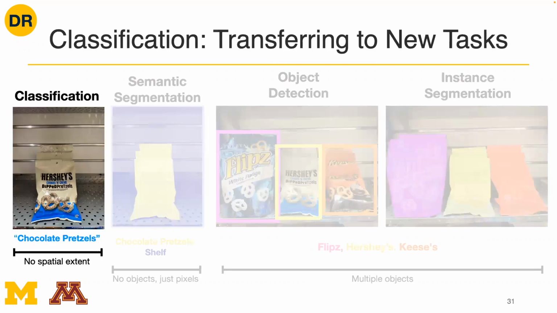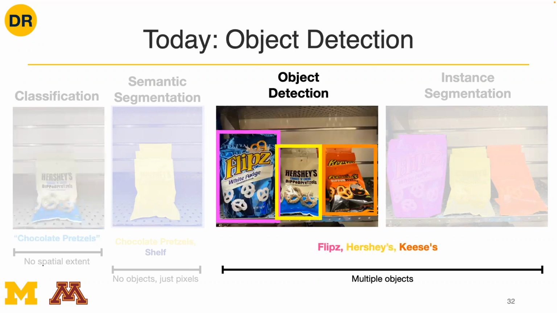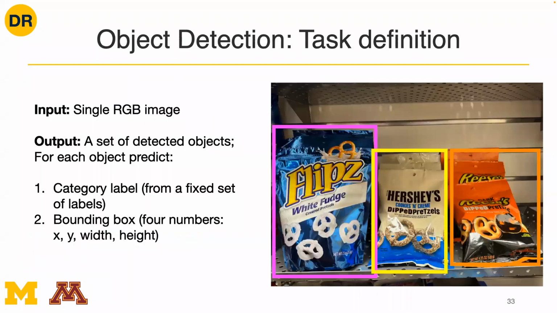Okay, so now let's look at how we can do transfer learning from image classification to other tasks, such as object detection. Let us define object detection first. The input is an RGB image, and the output is a set of detected objects.